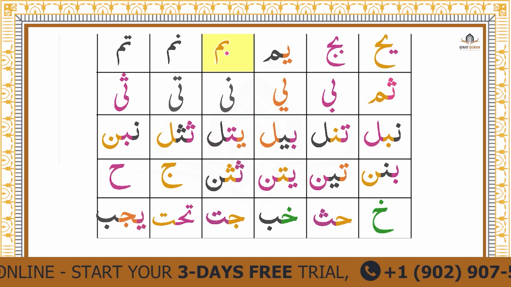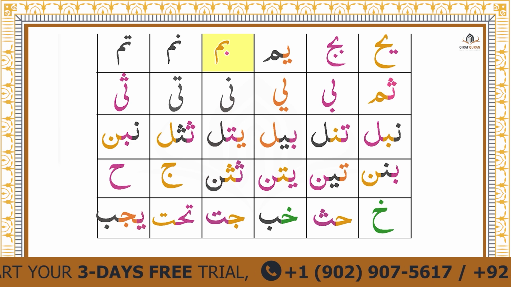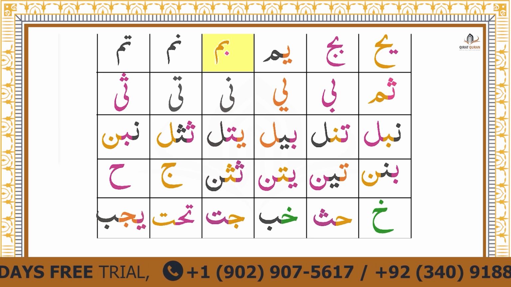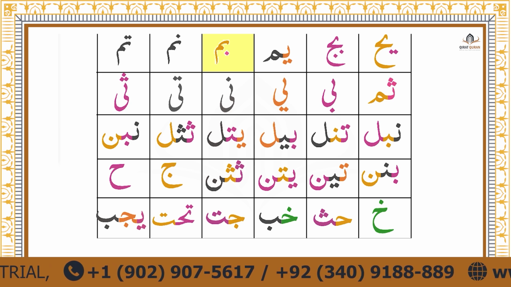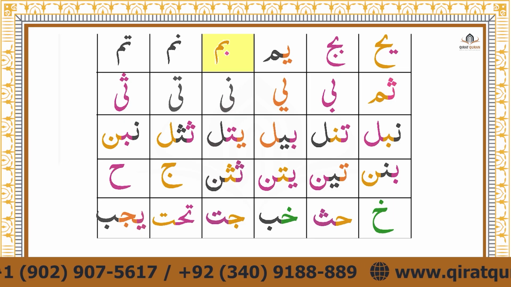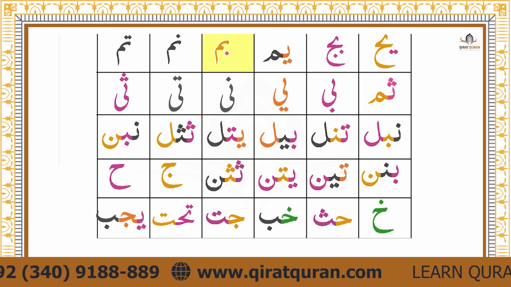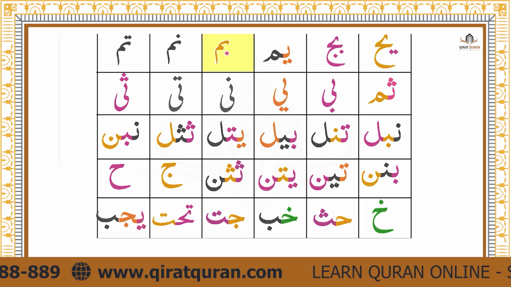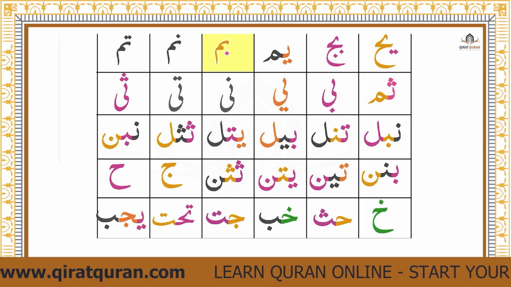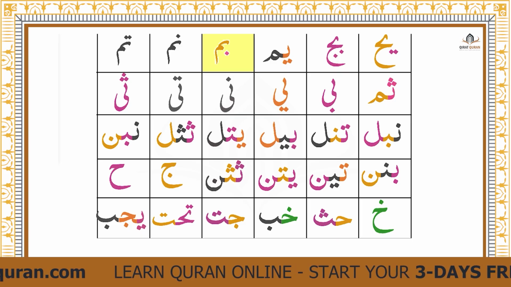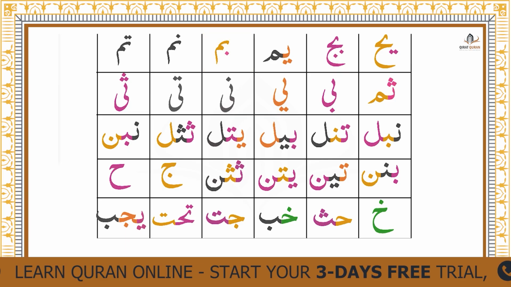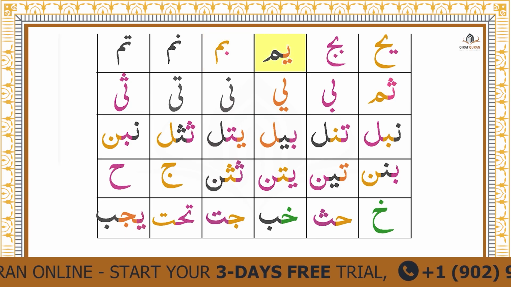Now these two letters: the first one is Ba because this letter has one dot at the bottom. In the next one, this is also Mim. Mim sometimes looks like this and sometimes it looks like this.